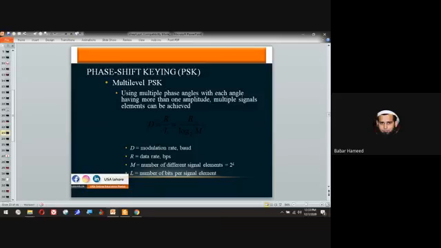For example, a standard 9600 bps modem, meaning bits per second, uses 12 phase angles, 4 of which have two amplitude values, for a total of 16 different signal elements.